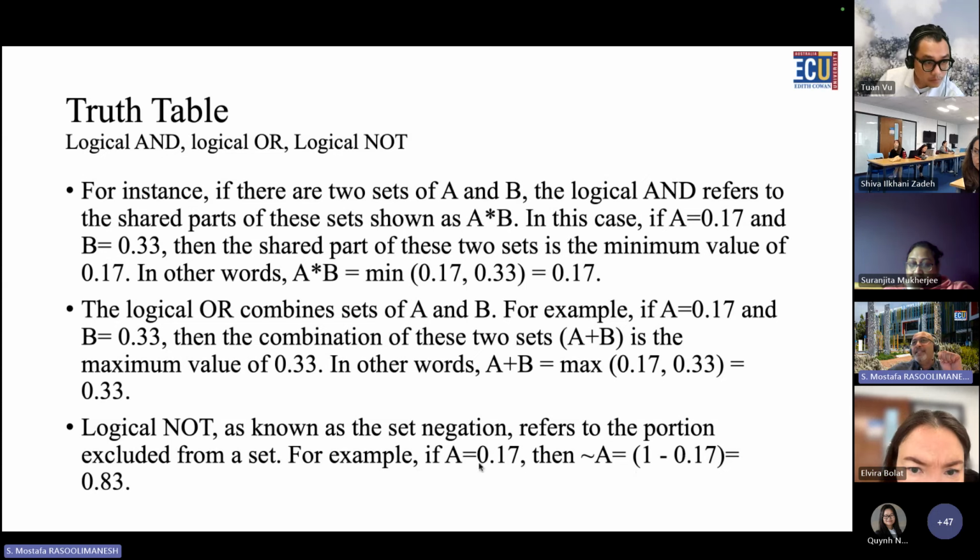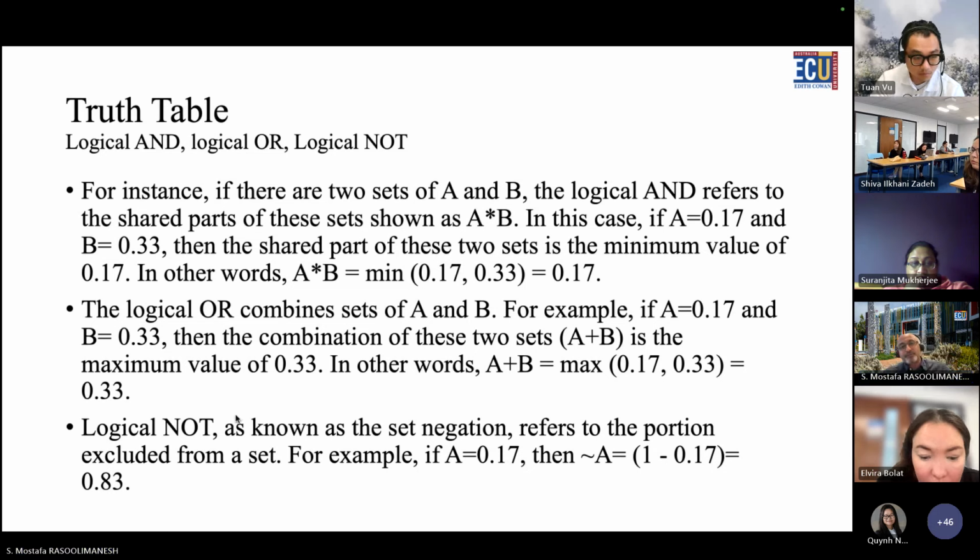So if A is 0.17, the negation won't be minus 0.17, right? It will be 1 minus 0.17 and the value will be 0.83. So this is the way these operations work for a combination of factors and different configurations.